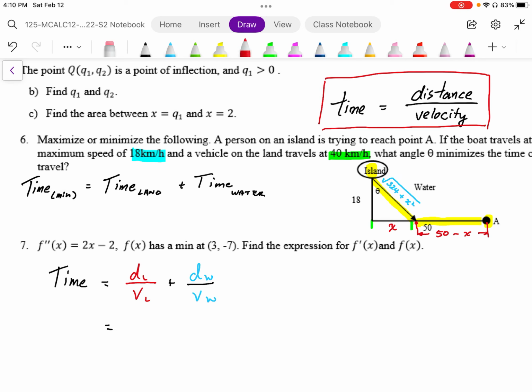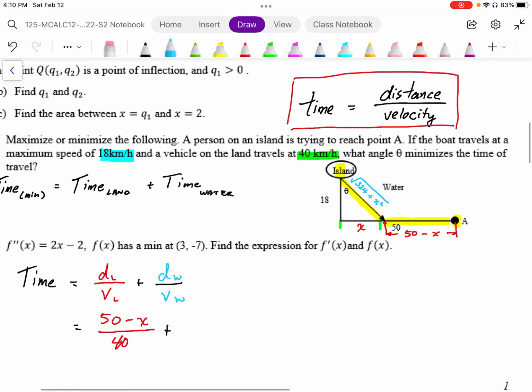So the distance on land is going to be 50 minus x, and the velocity on land we've been given as 40 kilometers an hour. Plus the distance on the water, this one's a little bit more complicated, but we do know that the velocity on the water is going to be 18.